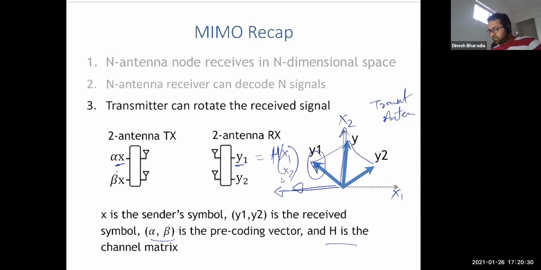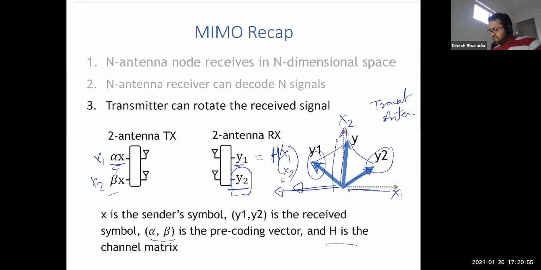Similarly, I am showing y2, which is just a single value, as a composition of x1 and x2, and that's here. Everyone clear on this?